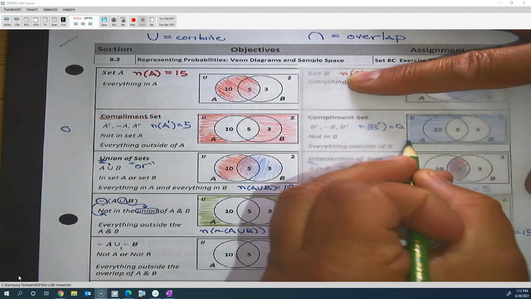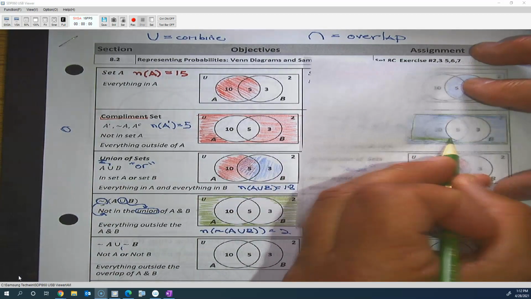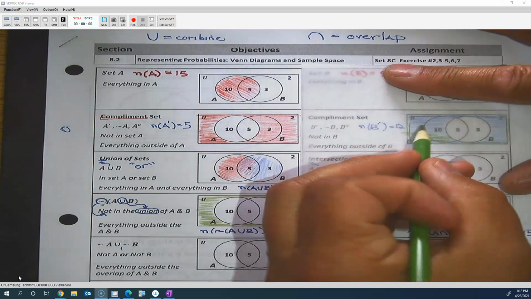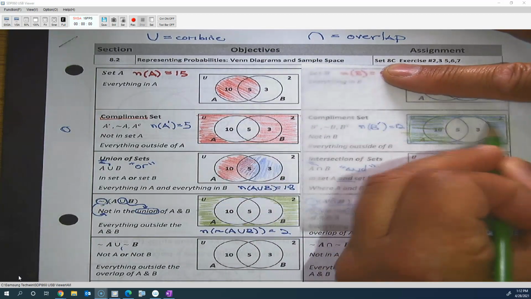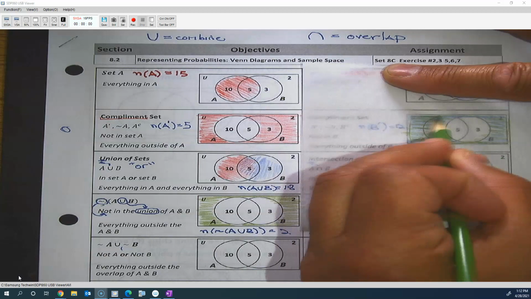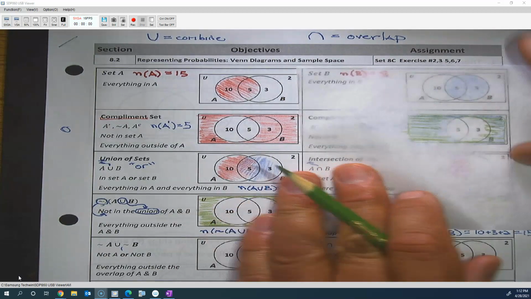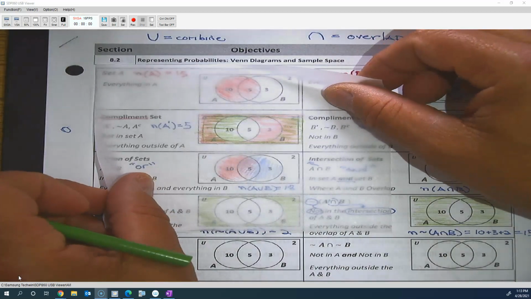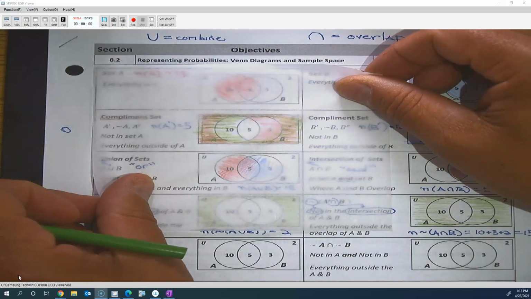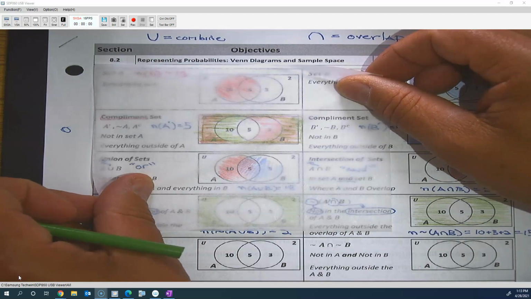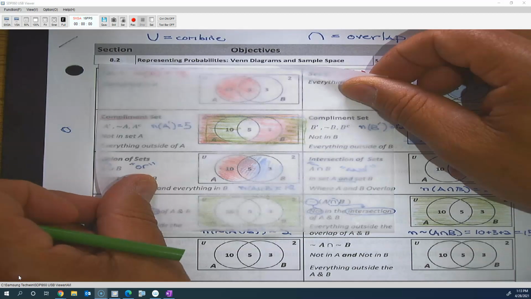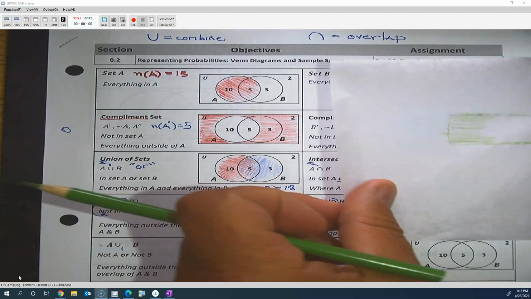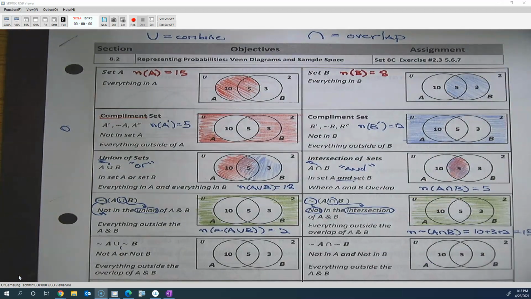Okay, so here's my not B. So I'm going to take that not B and I'm going to combine it with my not A. And I shade in, that's what it's going to end up looking like. So everything gets shaded except for the intersection is what it turns out to be. Okay.